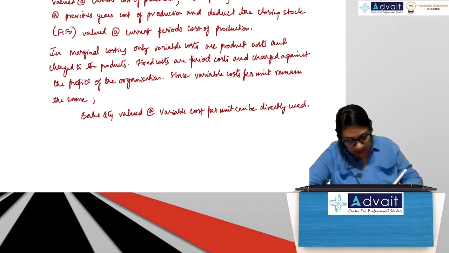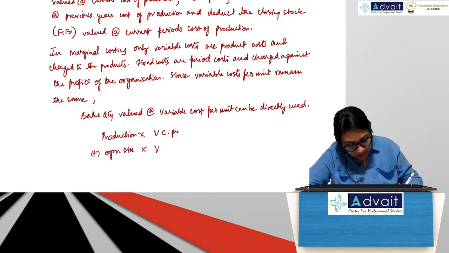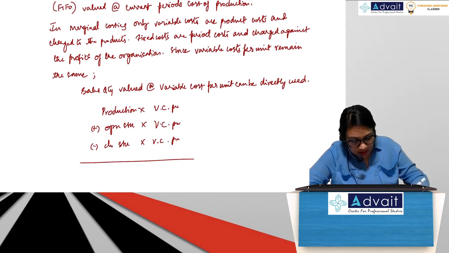What am I trying to say? Instead of showing production into variable cost per unit, then plus opening stock into variable cost per unit, minus closing stock into variable cost per unit, you directly show this. It is the same, no?